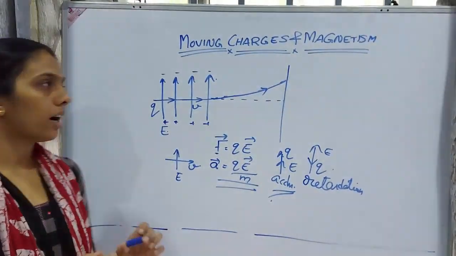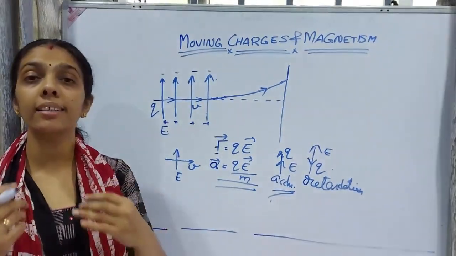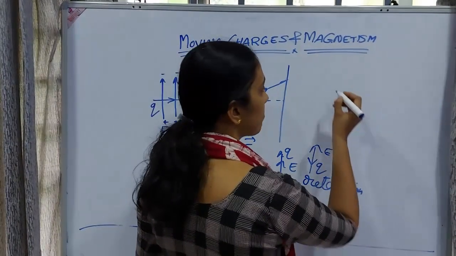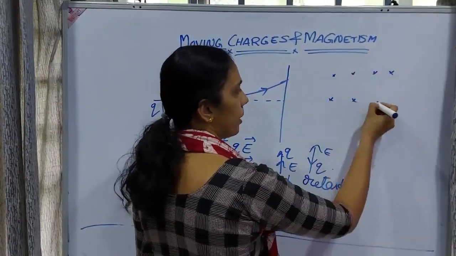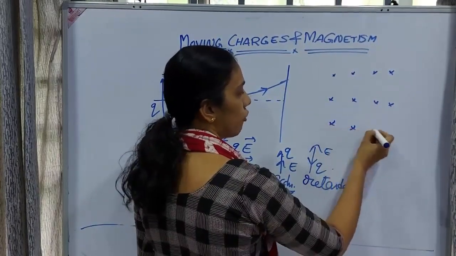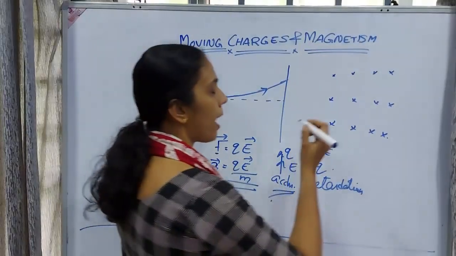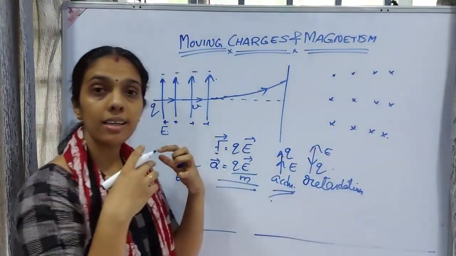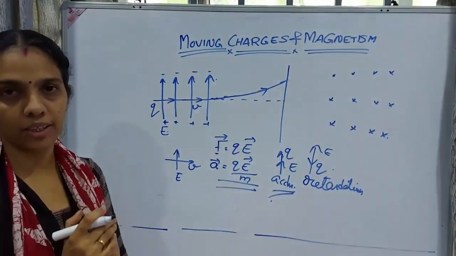Clear? Now, if this charged particle is moving in a uniform magnetic field, what will happen? Here we are considering the magnetic field into the plane of paper. Then what will happen? Here the magnetic field is acting like this and the charged particle is entering into this uniform magnetic field.